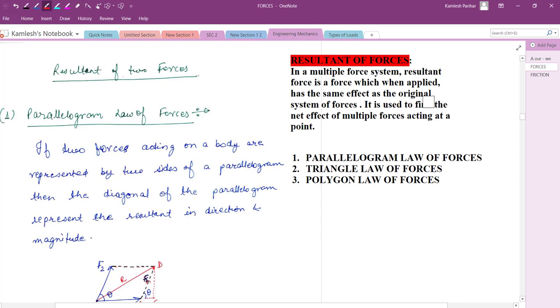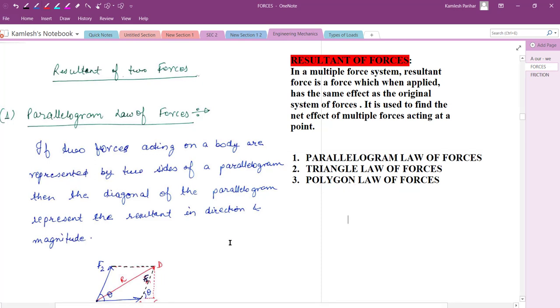The most common ones are parallelogram law of forces, triangle law of forces and polygon law of forces. So let's learn these methods and the mathematics of how to find a resultant force. In the beginning, we are taking parallelogram law of forces.